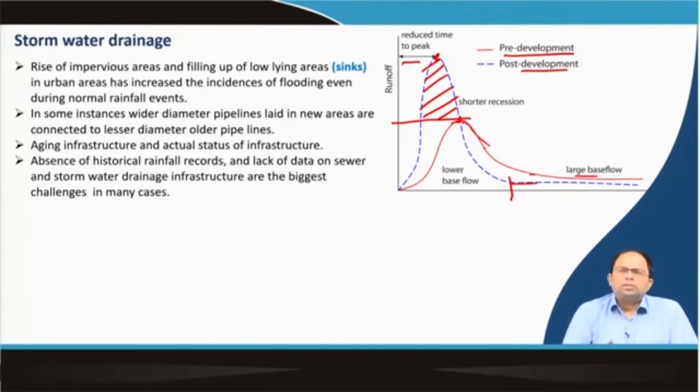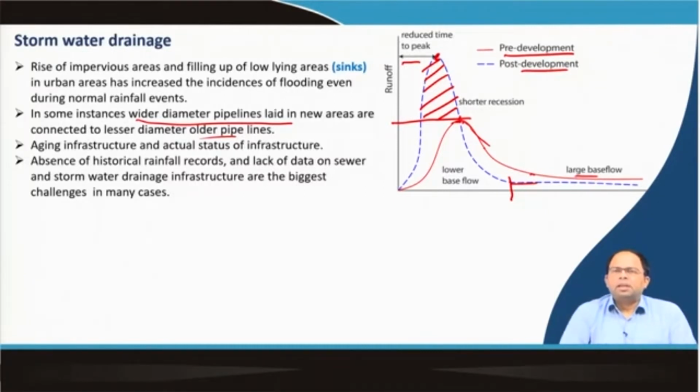So, in addition to the presence of impervious areas, there are other issues as well. For example, in some new areas particularly, wider diameter pipelines are being laid, and then they are connected to lesser diameter older pipelines in the main trunk lines, or in the main city area.